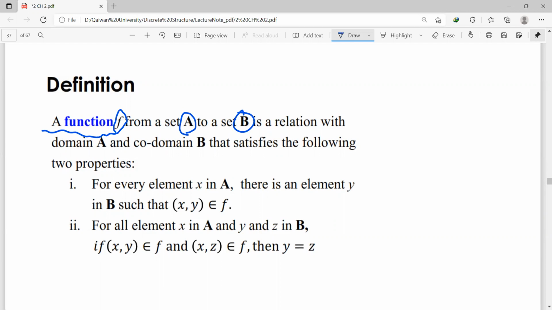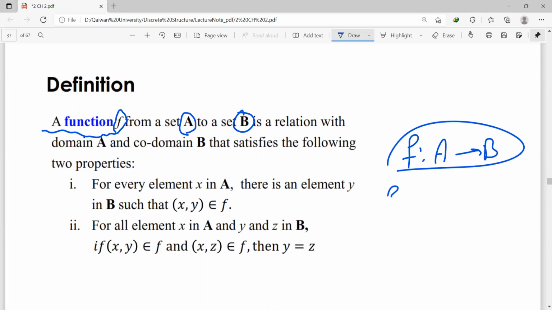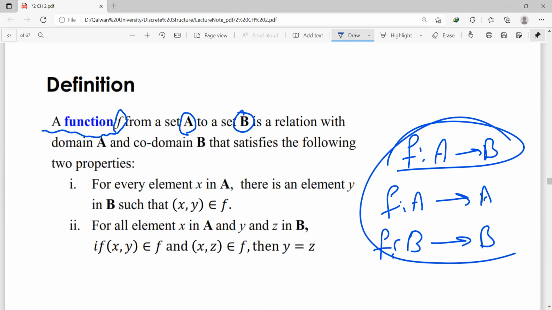We can say that also. Here, that means you must have at least one set, f from A to B, or you can say f from A to A. We also can say that f from B to B. That means at least you must have a set to define the function.